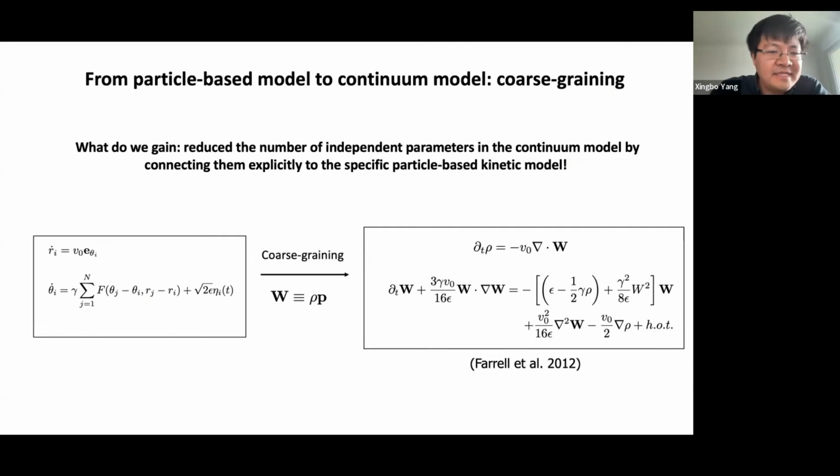And regarding this model, for the sake of mathematical derivations in the coarse graining, you would make the interaction radius very, very small, almost like a delta function, and then you can proceed.